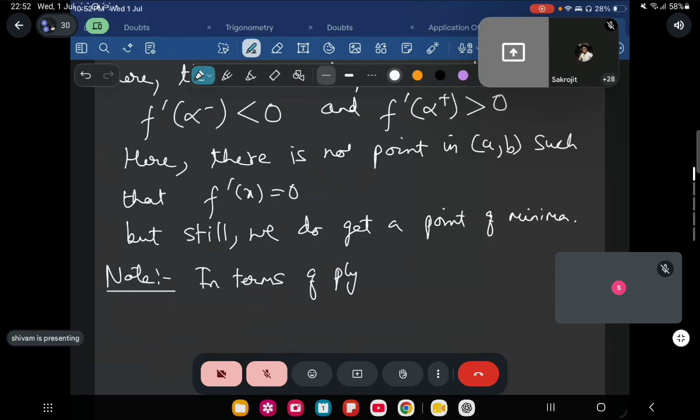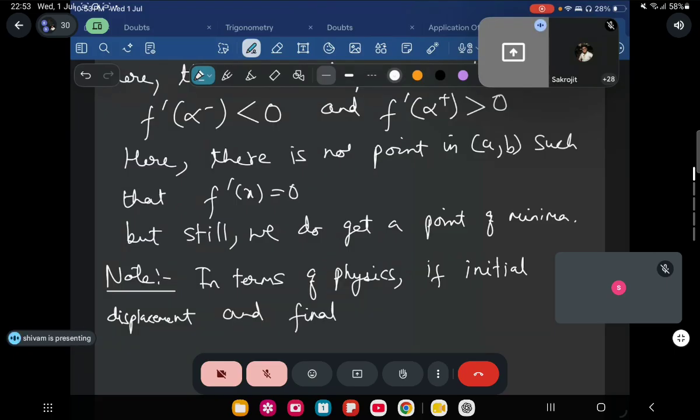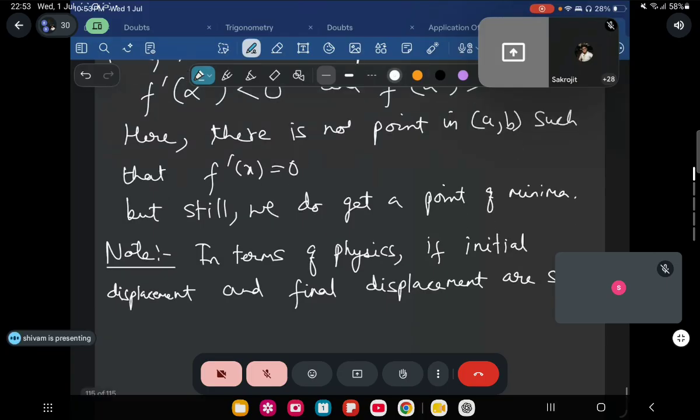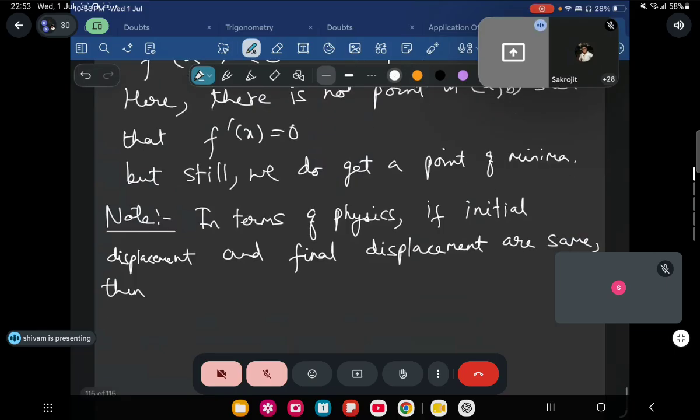In terms of physics, if initial displacement and final displacement are same, then there must be a point when the velocity would have been zero, right or not?